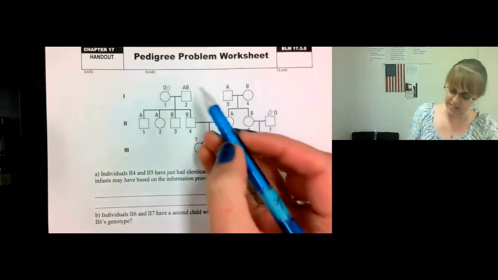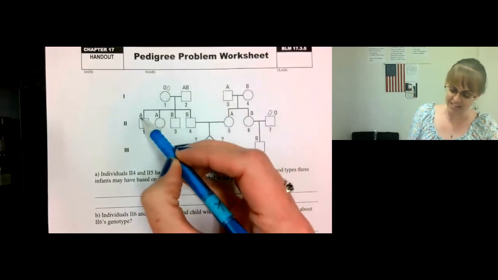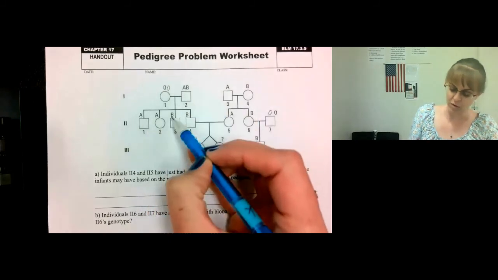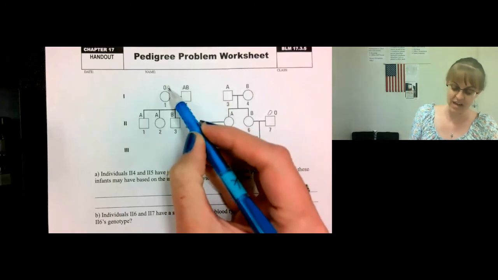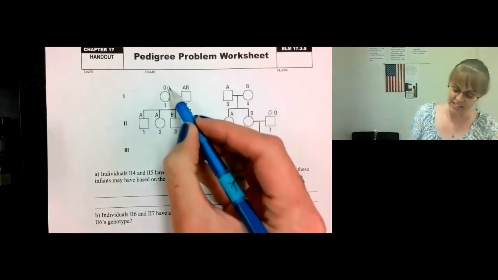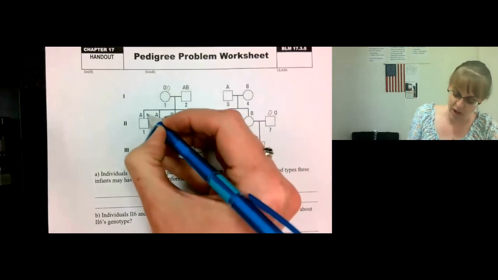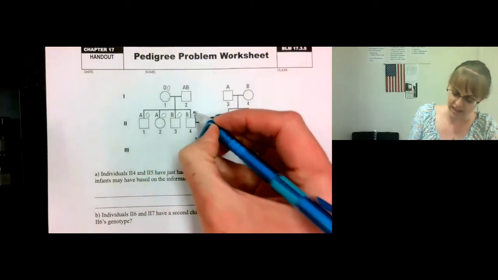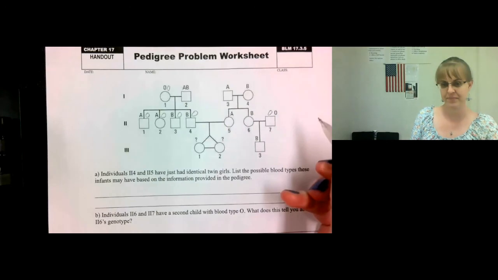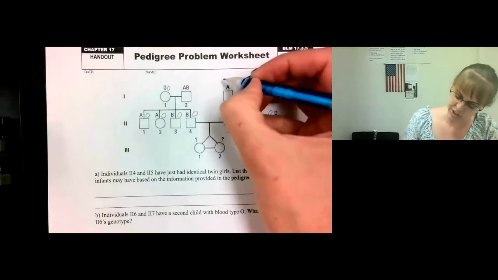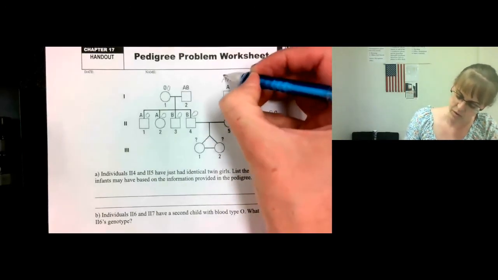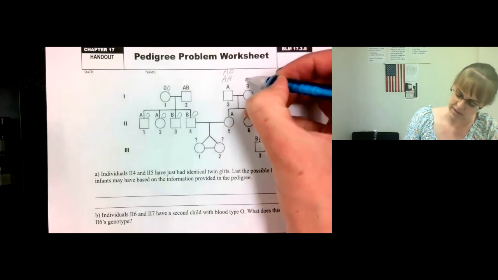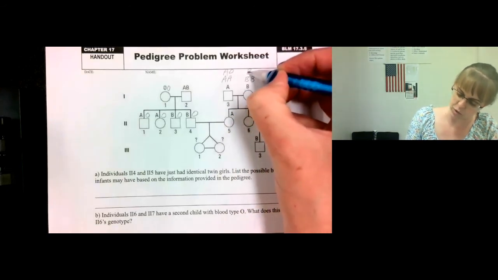So with these parents, the dad could pass on an A or a B. The mom cannot. She has to pass on an O. So every one of these kids has an O as their second letter. Now for these two. These could be AA or AO, and this could be BB or BO.